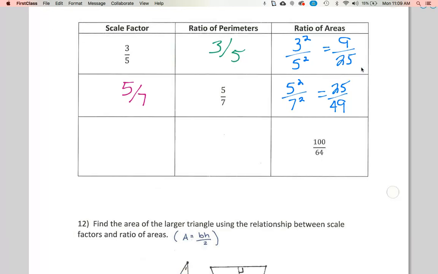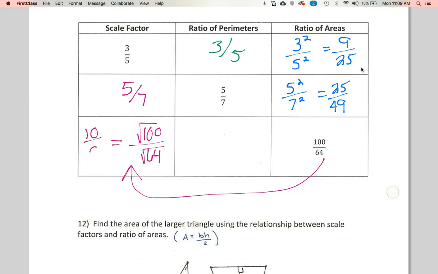Now, if we already have the squared version, to go backwards, we have to do the square root. So 10/8. You can simplify that even more and make it 5/4, but 10/8 is fine. It compares it nicely to 100/64.